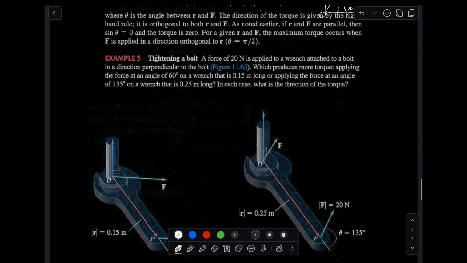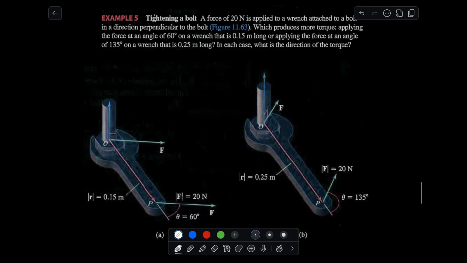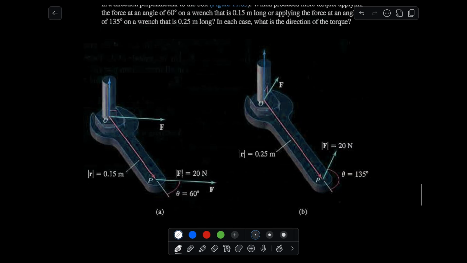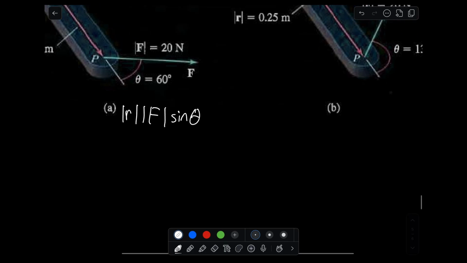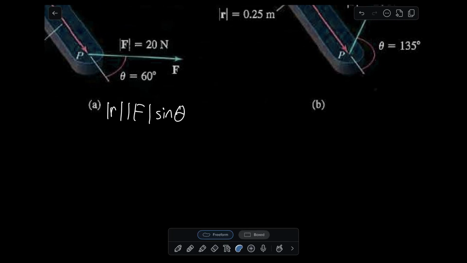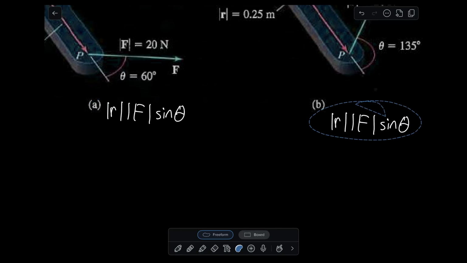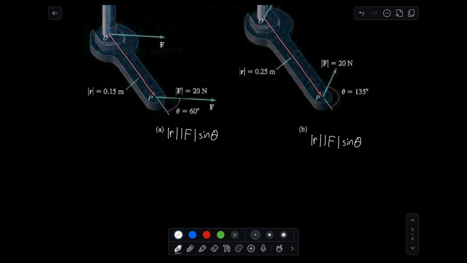And we have example 5 right here. In this example, we want to see which produces more torque and what is the direction of each respective torque, right? So we can just apply the rules of torque here. We can just say magnitude of r, magnitude of F, sine theta. You just copy that over to save some time. So what's the magnitude of r in this case?